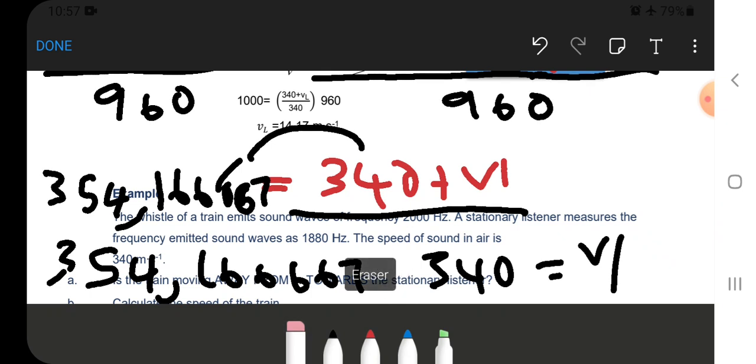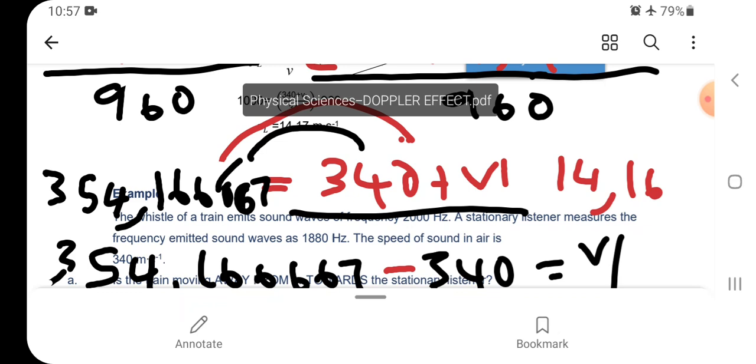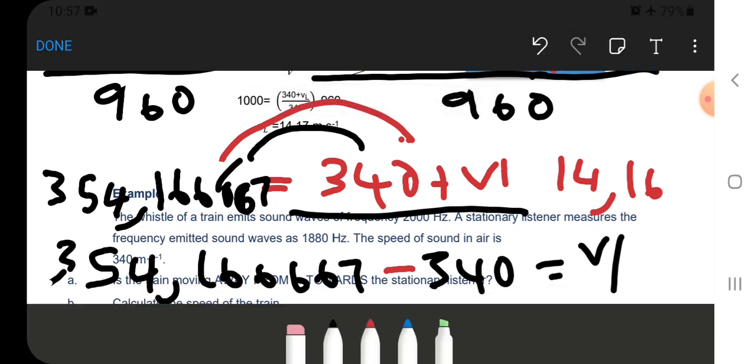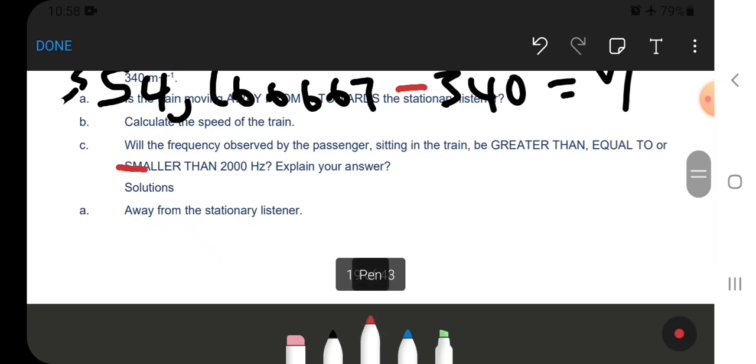We minus, because this 340 was positive on this side; when it comes to the other side, it's negative. So when we do 354.16667 minus 340, we get 14.16.